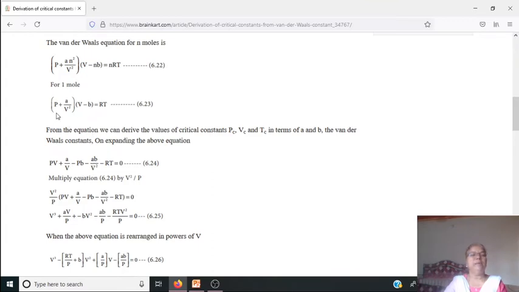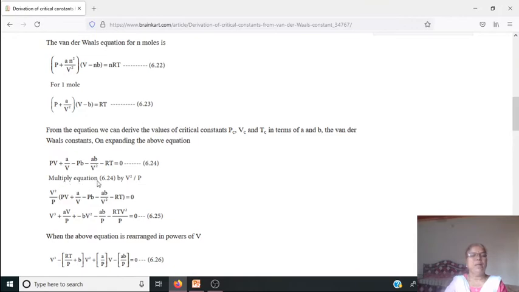So the expansion of this equation gives (PV plus aV minus Pb minus ab) upon V square minus RT is equal to 0. Let this be our expression number 6.24. Here we have simply expanded this equation.